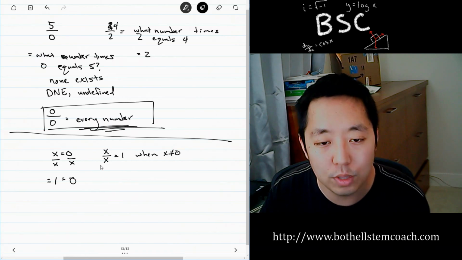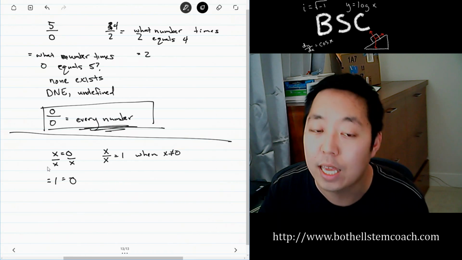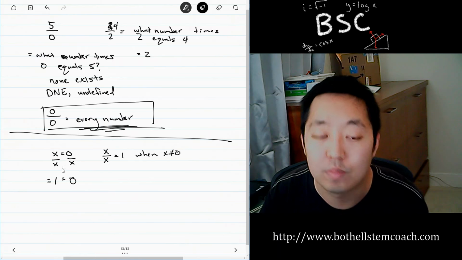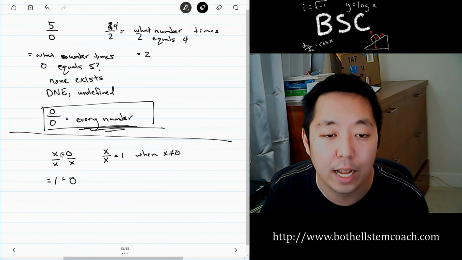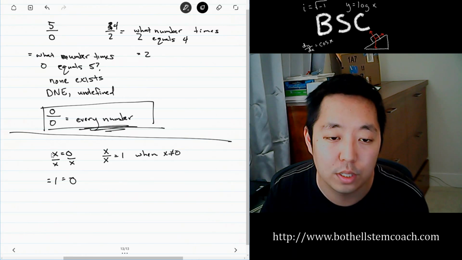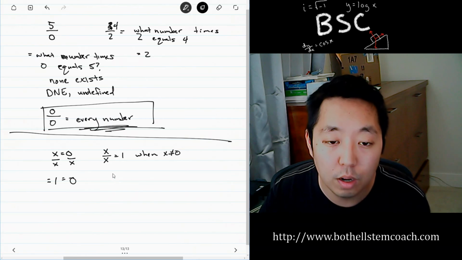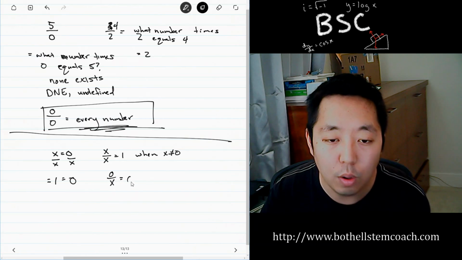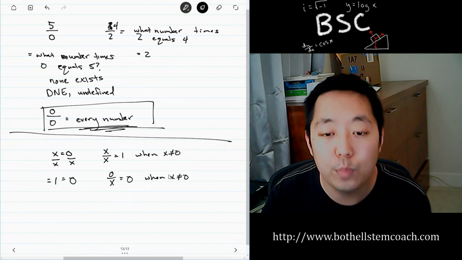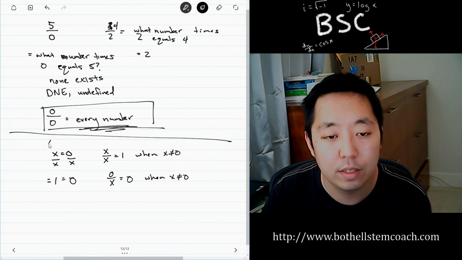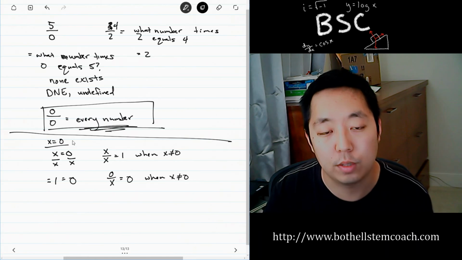So whenever you do this, you have to ask, with this x over x, am I dividing by 0? I am. Hence, this is not a proper thing for me to do. I am not allowed to perform this operation. And what's on the right side is 0 over x. 0 over x only equals 0, again, when x is not equal to 0. Both of these cases are violated when I start with x equals 0.